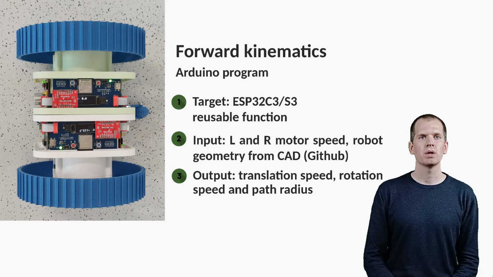Your task for this week is to create another Hello World example, but for forward kinematics. When we are controlling our mobile robot by setting speed for each wheel, it would be informative if the robot would have information about its current translation and rotation speed. Additionally, we would like to know the radius of the arc the robot is moving on.